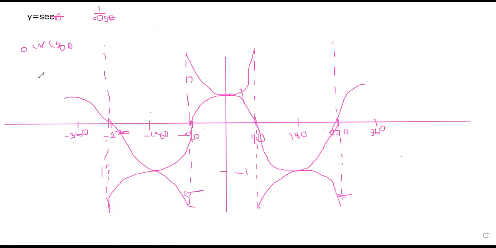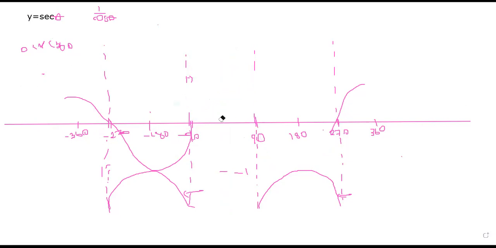The intervals are like this: 90, 180, 180, 180, and from here also 90, 180, 180, like that. That is how you draw a sec graph.